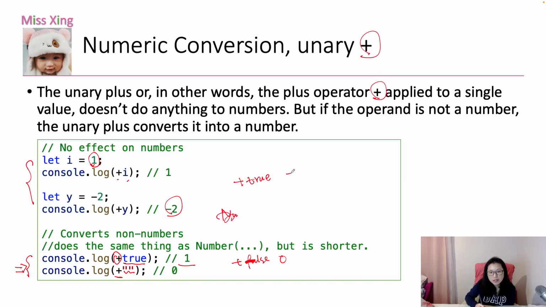Plus "2" will be equal to what? Number("2"), and you get a 2. Like this. You can try it in the browser or in the HTML script tag by yourself. It's just too simple, so I didn't show the IDE to show the code.